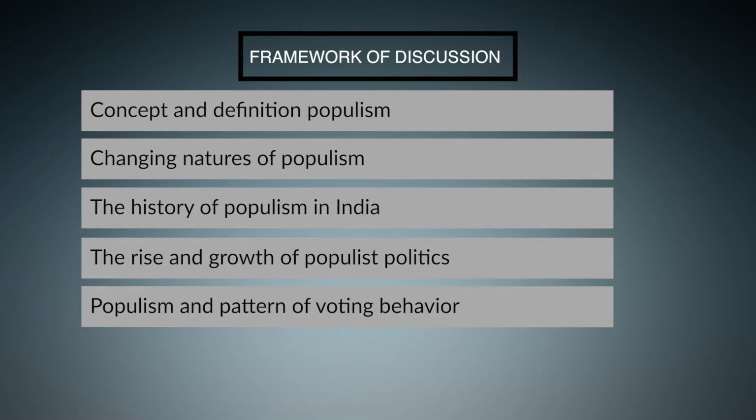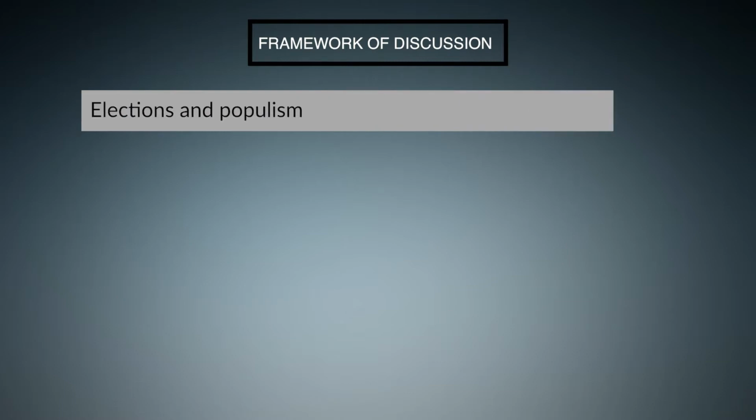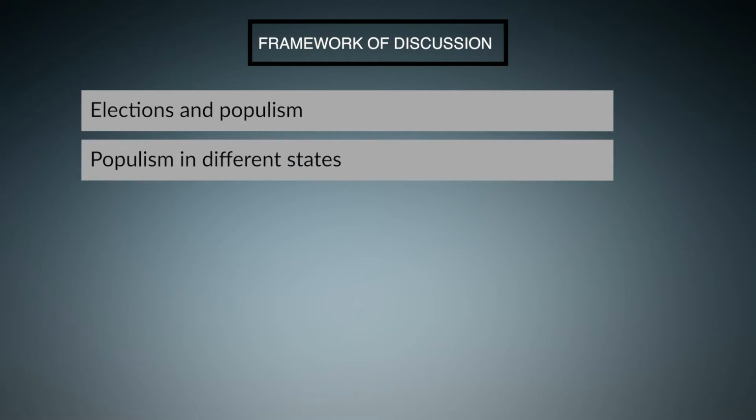Then populism and the patterns of voting behavior, how populism is impacting electoral behavior, and how elections are shaping the idea of populism, which is called populism and elections. Populism across different states: we will take a few examples of southern Indian states like Tamil Nadu, Andhra Pradesh, Karnataka. Maybe we can take a case study from West Bengal in the east, a little bit of Bihar, and in North India, Uttar Pradesh, and the country in general.